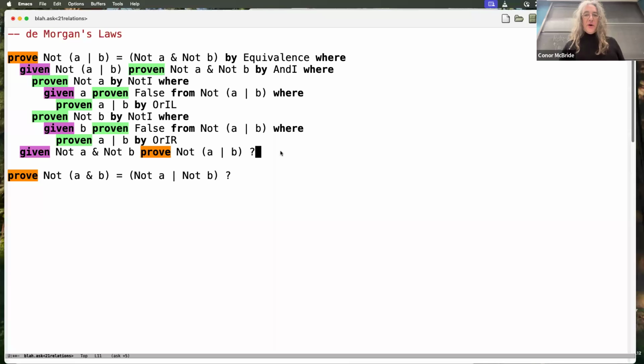Now, how about the other side? Whenever you're given some sort of and, it's always a free hit just to split it apart.